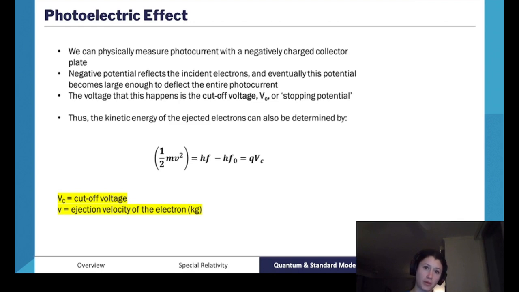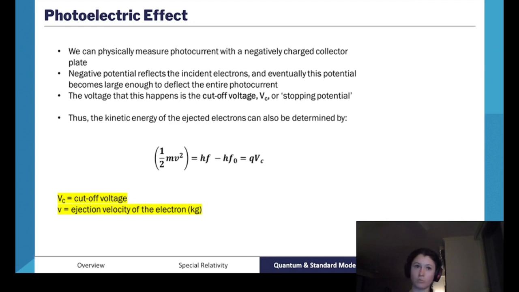And this gives us the maximum kinetic energy of the electron. The other thing that you need to be able to understand about the photoelectric effect is the cutoff voltage, or the stopping potential. So what we can do is measure the photocurrent with a negatively charged collector plate.